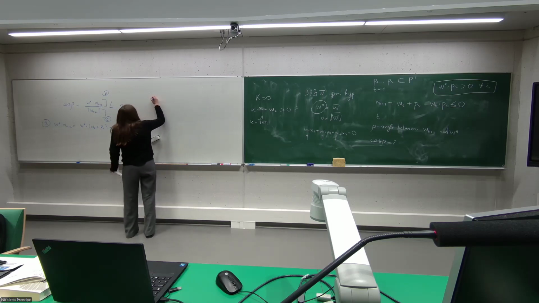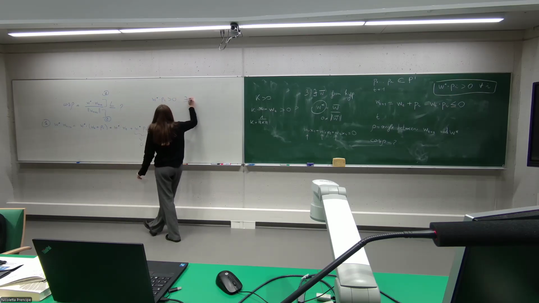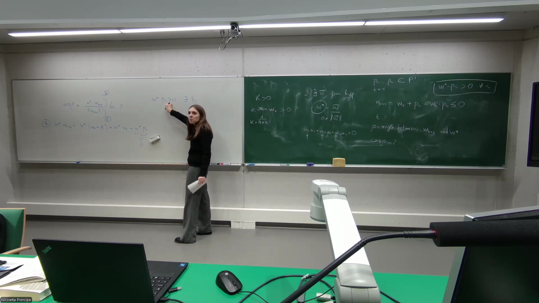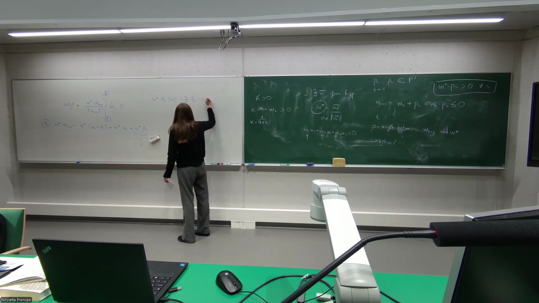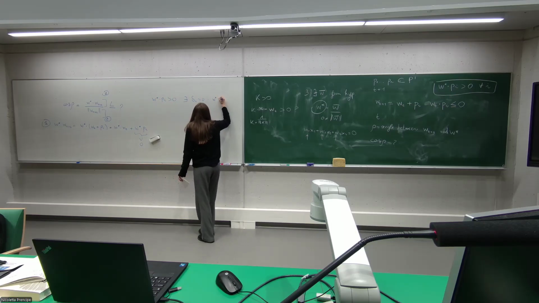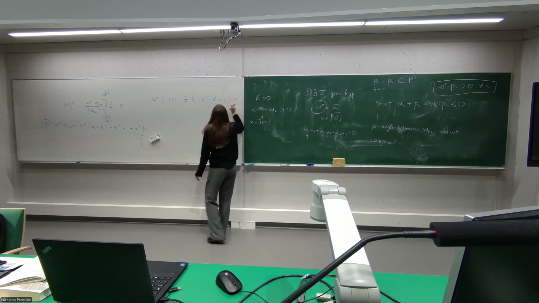So what does it mean? That W star times p_i is greater than 0 means there exists a positive constant delta_i. This is detached from 0, so I can pick a number in between. I put delta_i greater than 0 such that W star times p_i is greater than delta_i, which is greater than 0.